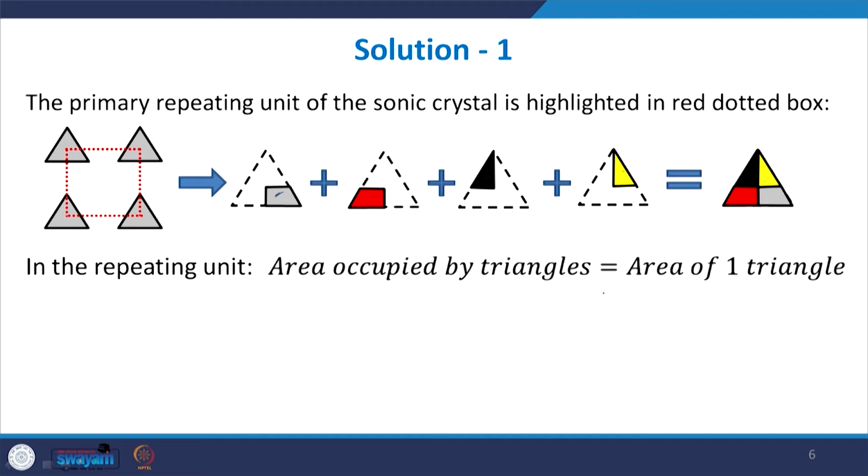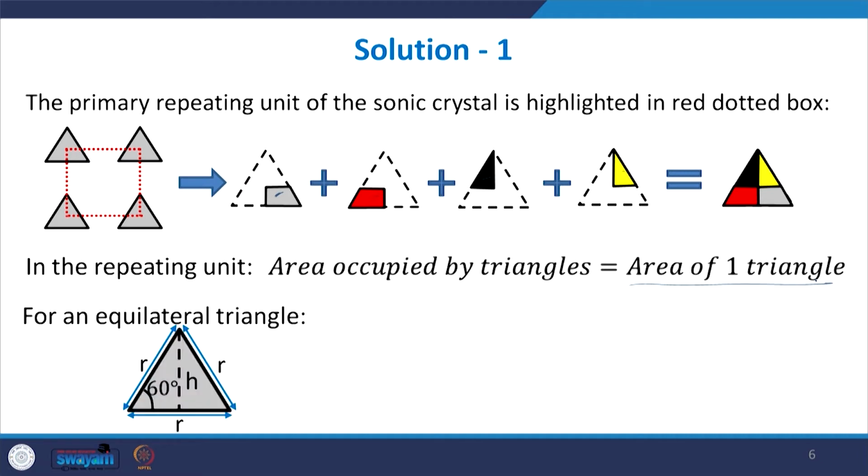When you join all these portions together, they give you the full triangle, since this is an equilateral triangle passing through its centroid. So this is the same as the area of one full triangle. Choosing either unit cell gives the same result. You can choose the Wigner-Seitz cell or a different unit cell; any one repeating unit will give your solution.